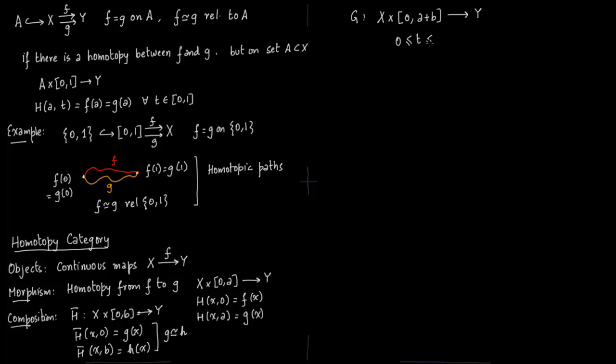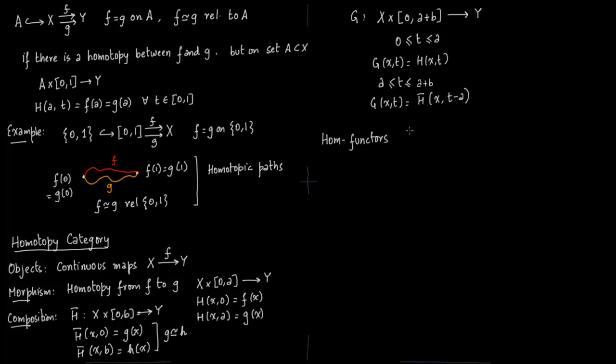When t is between 0 and a, we take the homotopy H. And when t is between a and a plus b, you write g of x comma t is h bar of x comma t minus a. So now you can plug in both 0 and a plus b and check. We go from f to h. So we have been able to compose two homotopies to get another homotopy.